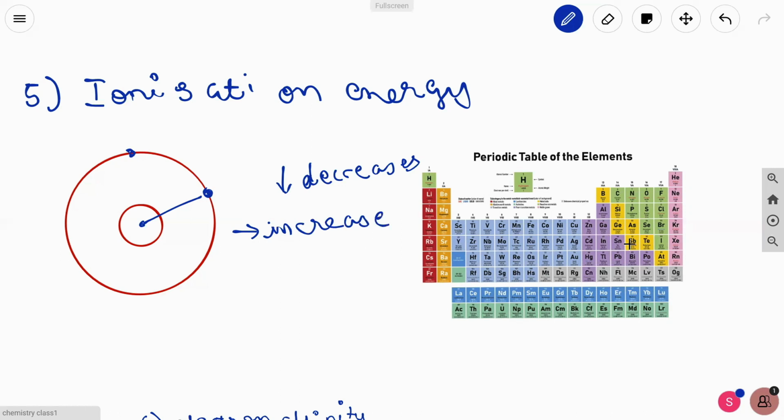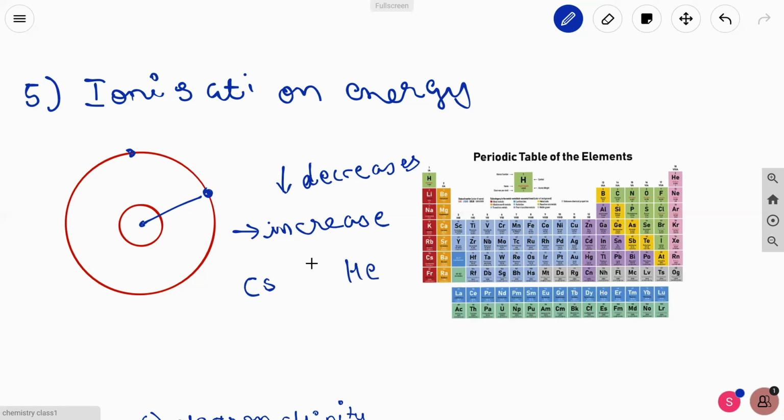Now people usually say cesium has the least ionization energy, which is true, and helium has the highest ionization energy.